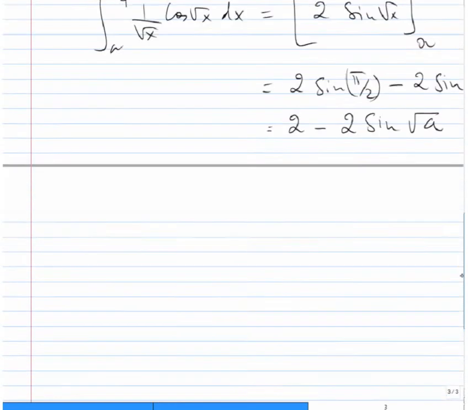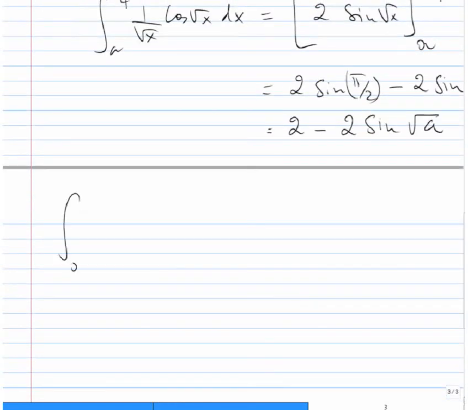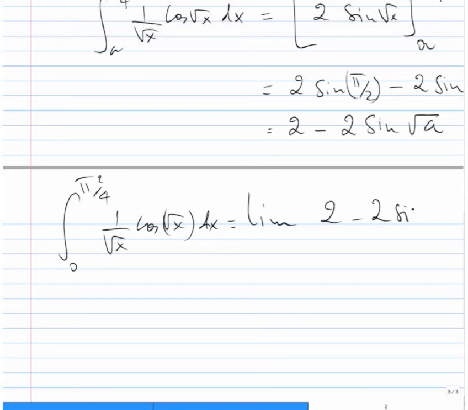So the integral from 0 to pi squared over 4 of 1 over square root of x cosine square root of x dx is a limit of 2 minus 2 sine of square root of a when a goes to 0 plus.